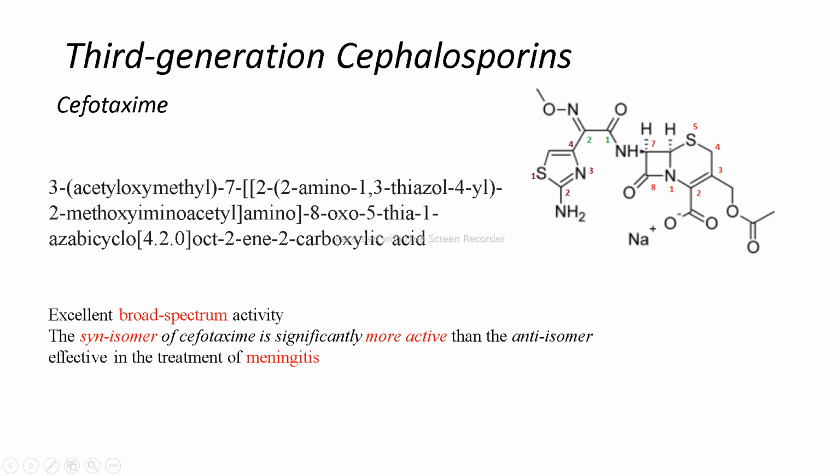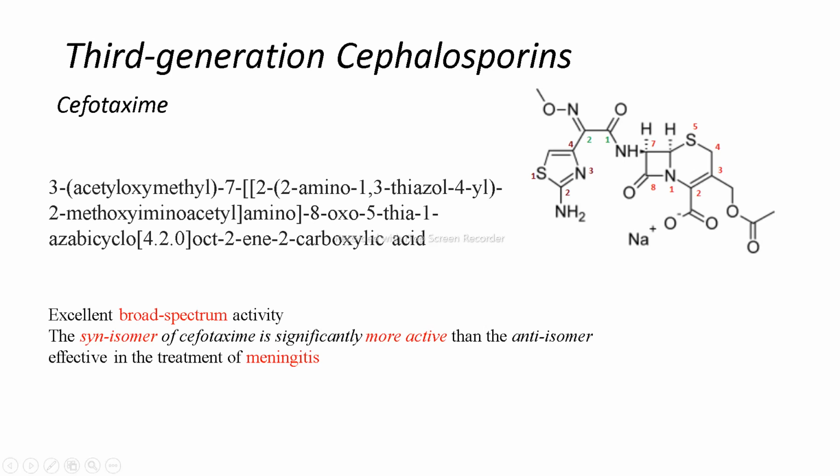In the previous two classes, the first generation and the second generation, there is also only one drug each. Now we will cover the third generation cephalosporin. The first drug is the cefotaxime.